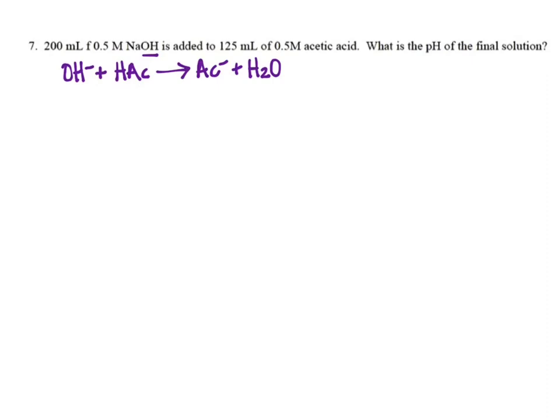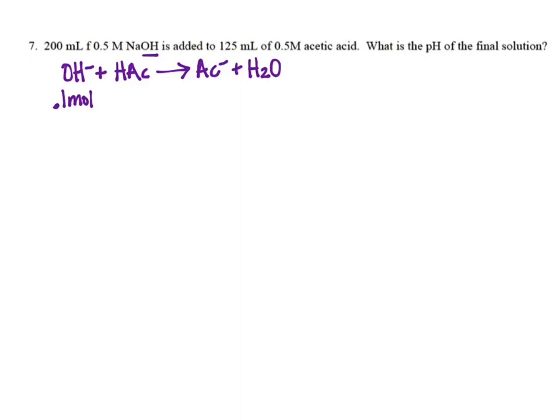So OH has invaded HAC, and we need to know who's going to be left standing, or who's going to run out first. So we need to get to moles. If I have 0.2 liters of a 0.5 molar solution, then that means I have 0.1 moles of hydroxide.